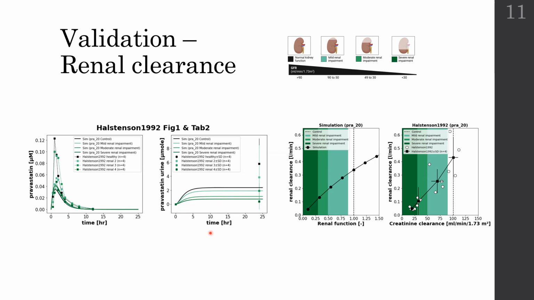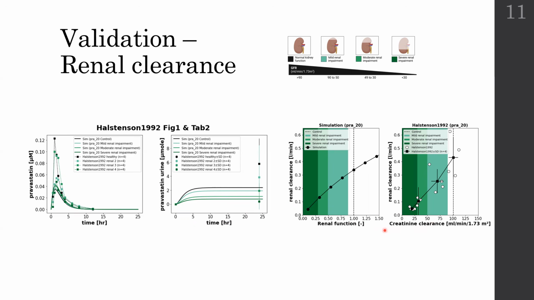And here the predicted changes in urinary excretion of pravastatin with renal impairment are in good agreement with the data, although the reported urinary excretion amounts are twice as large as the model's predictions. Then the two panels on the right illustrate the comparison between the dependency of renal clearance on renal function and the dependency of renal clearance on creatinine clearance.